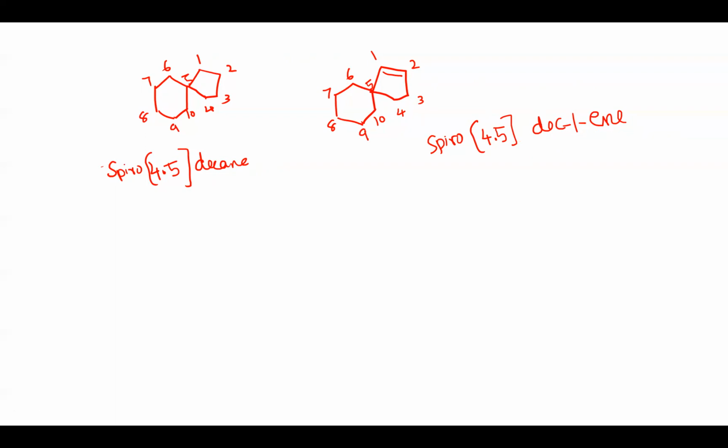It is how we can name these spiro compounds. It is the IUPAC nomenclature of spiro compounds. Now I will give you some work to do here itself. Can you name this compound?